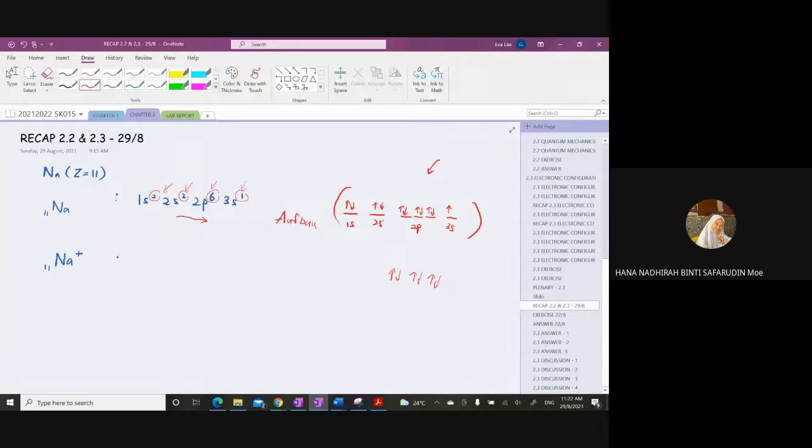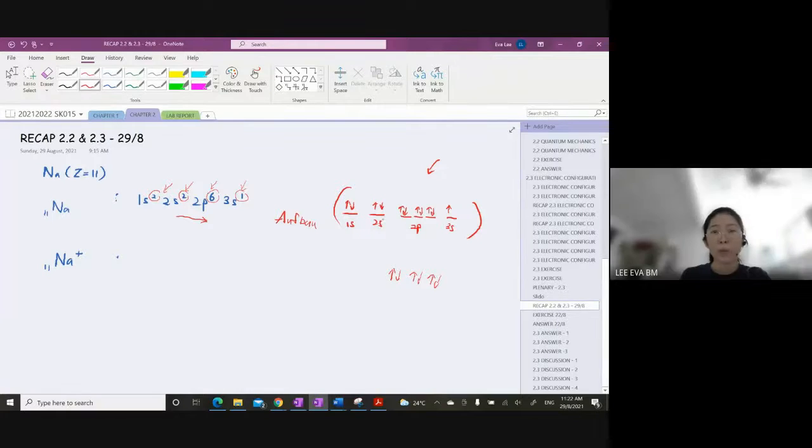Same orbital. Orbital with the same energy. That refers to p subshell, d subshell or f subshell.